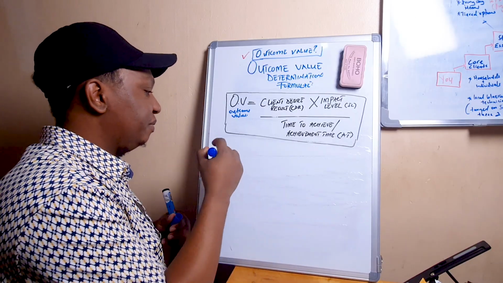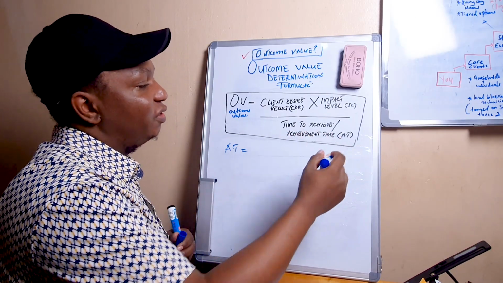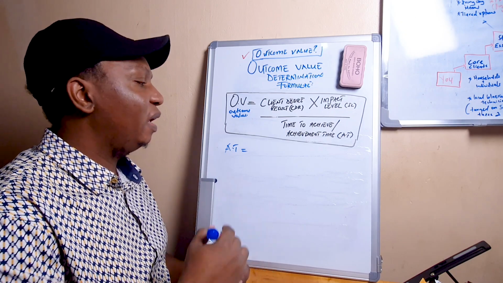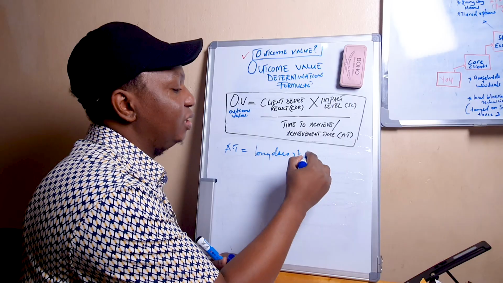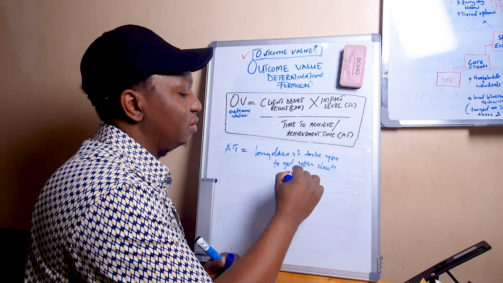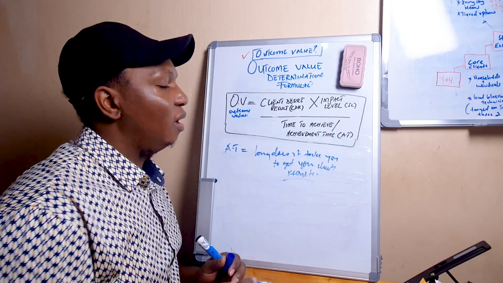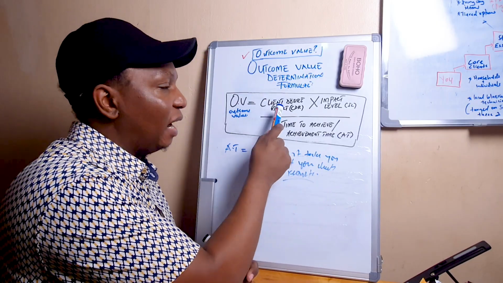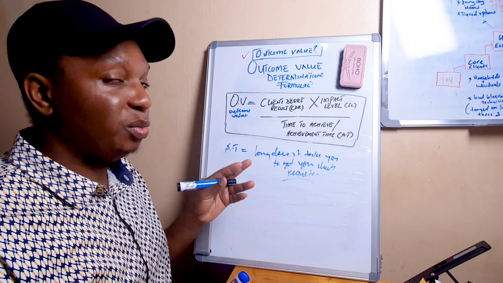Lastly is the AT, which is achievement time or time to achieve. This is basically how long it takes you to get your clients their results. How much time do you need to get your clients their desired results? That is specifically it.